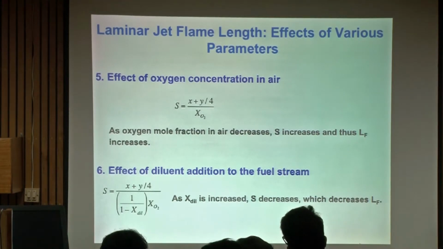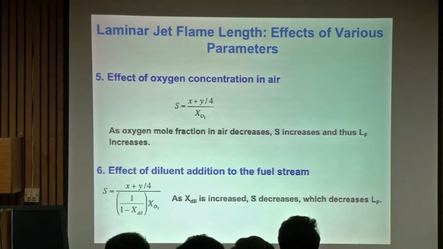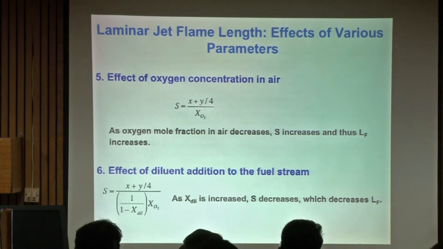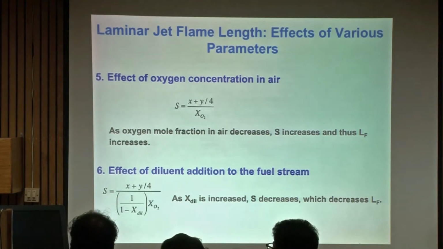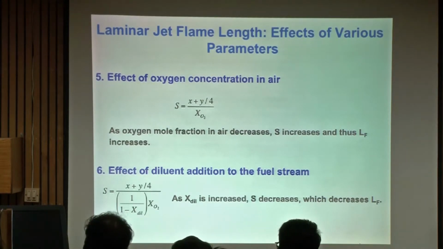And the last one is, you can also add diluent. Let's say you add 10% diluent to the fuel stream. So what happens to the YF value at x equal to 0? If you add 10% diluent, let's say nitrogen, to the fuel stream, what is the value of YF?